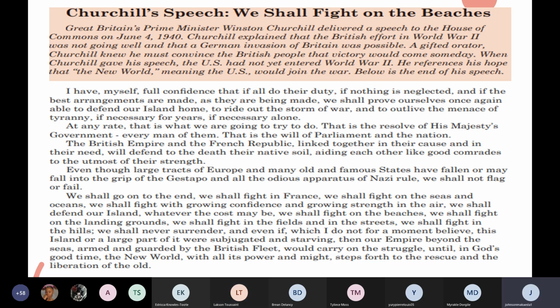Churchill's speech, "We shall fight on the beaches." Great Britain's Prime Minister Winston Churchill delivered a speech to the House of Commons on June 4, 1940. Churchill explained that the British effort in World War II was not going well and that a German invasion of Britain was possible.